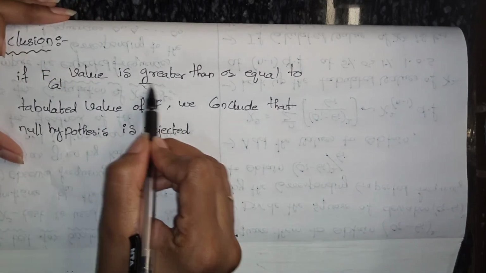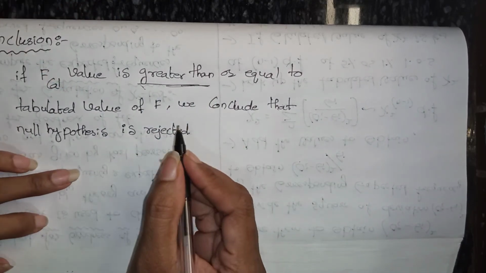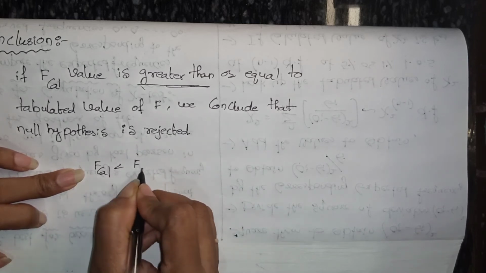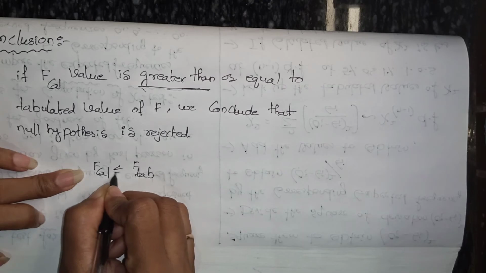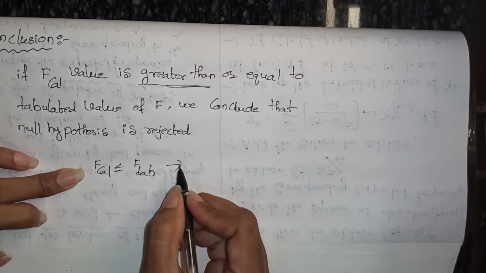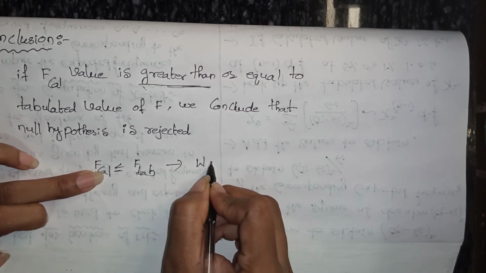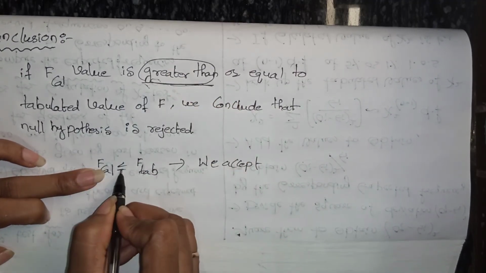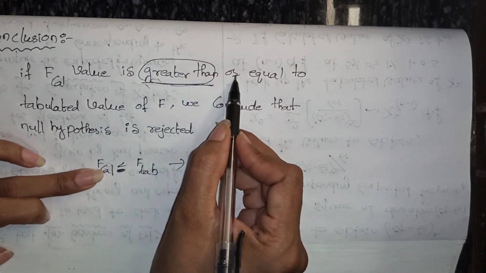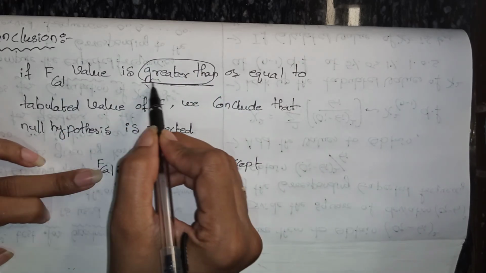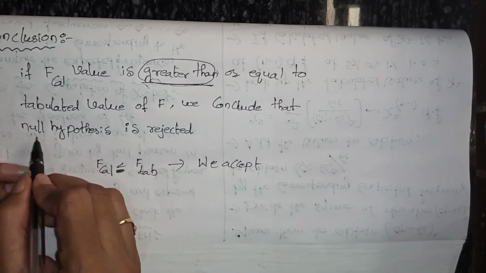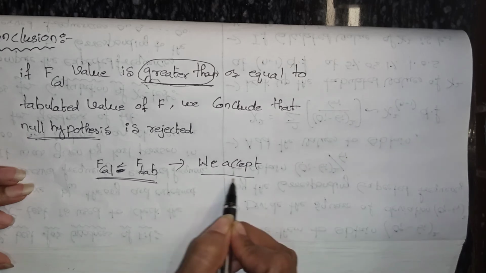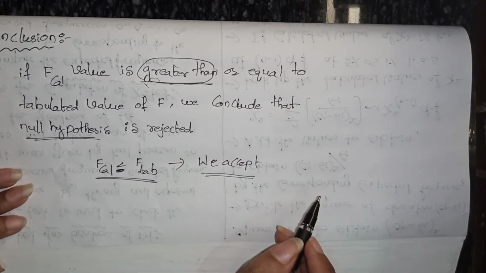Why? Because F calculated should be less than F table for us to accept. If F calculated is greater than or equal to the table value, we reject the null hypothesis. If it is less, we accept the null hypothesis. So this is the conclusion.